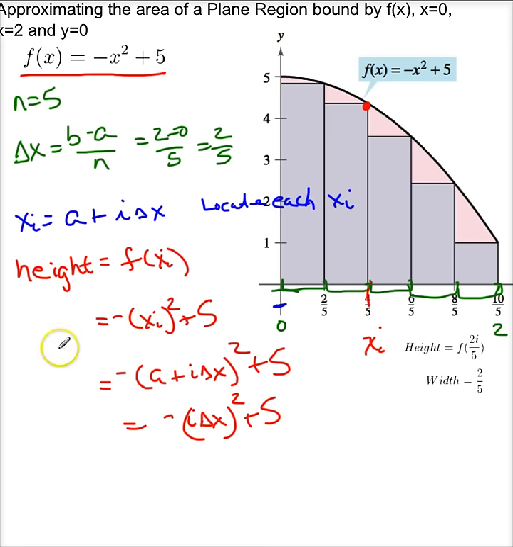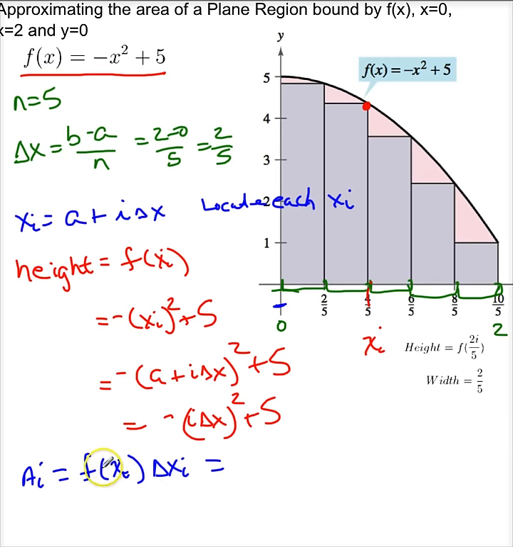So what is the area of each rectangle? The area of any individual rectangle is the height, f at x of i, times the width. So I'm just going to call this delta x of i, even though they're all the same.